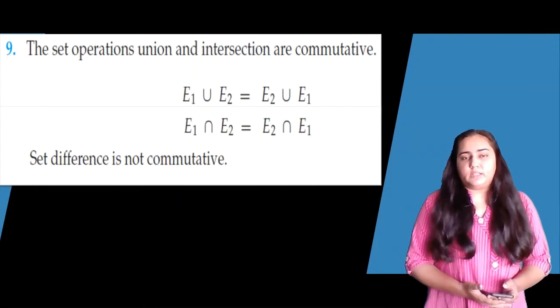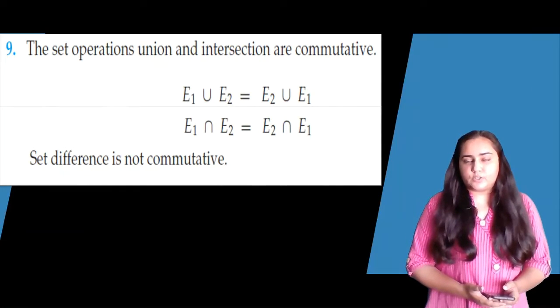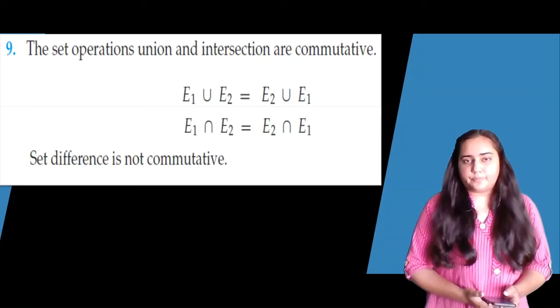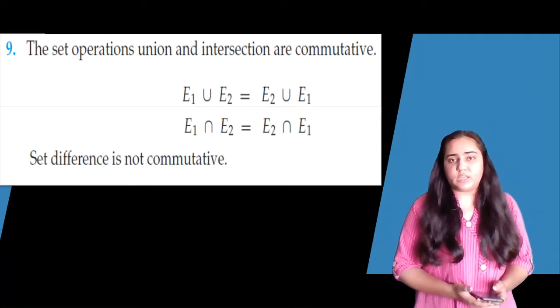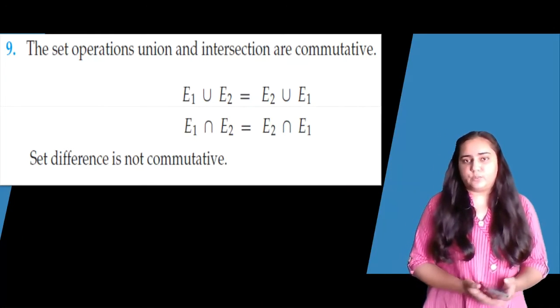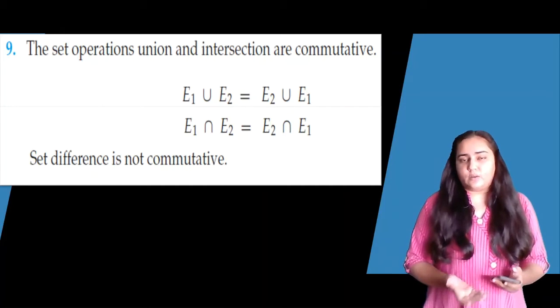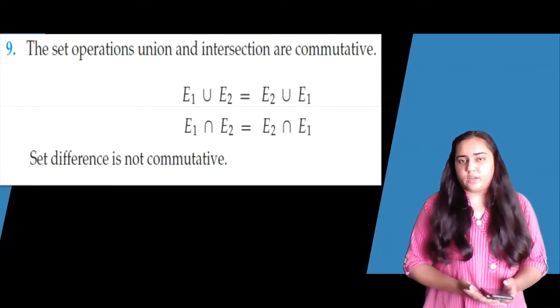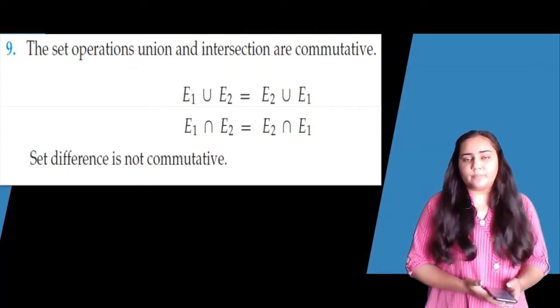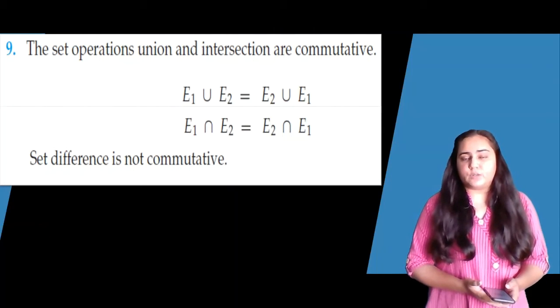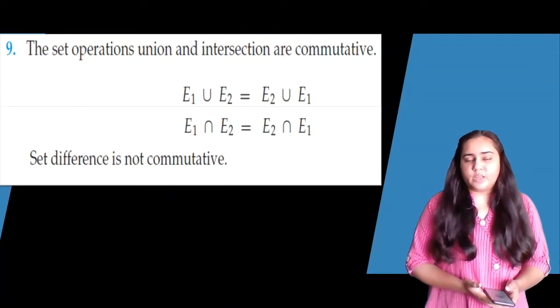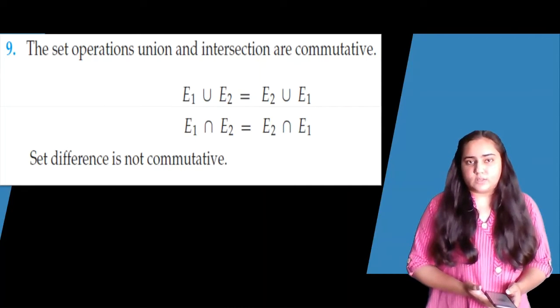Rule number 9 says that set operations, that are union and intersection, are both commutative, which means if you do E1 union E2, where E1 and E2 both are tables, you can also do E2 union E1, giving you the same result. And similarly, if you do E1 intersection E2, you can also do E2 intersection E1, giving you the same result.